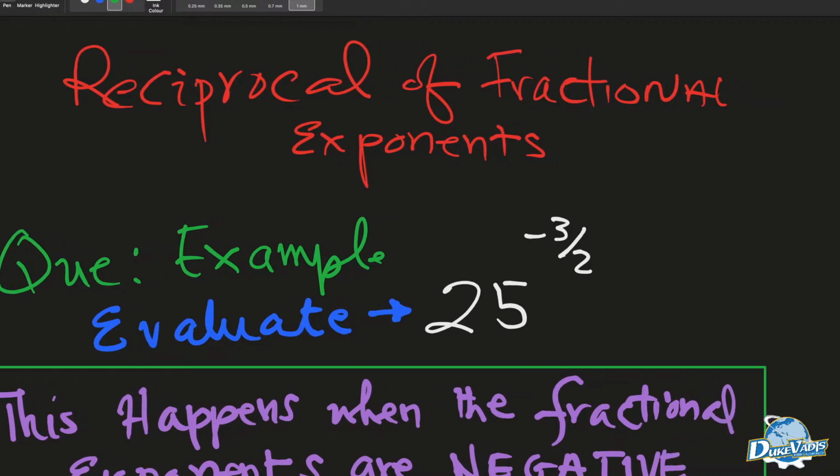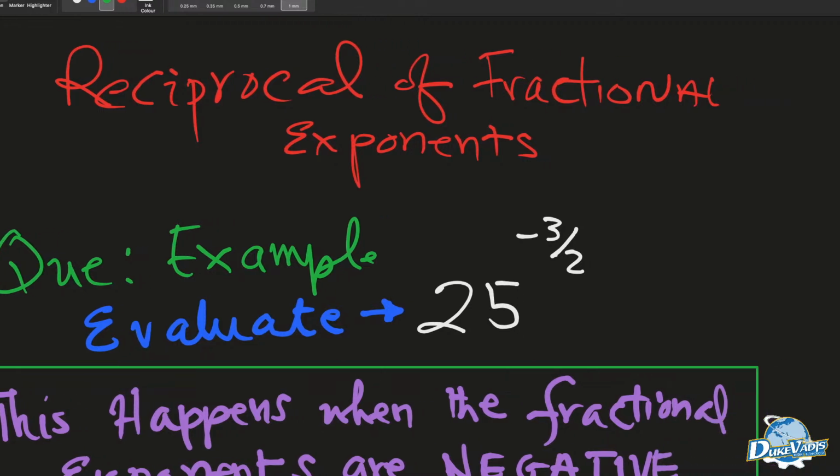So when we have 25 raised to the power negative 3 over 2, it is equal to 1 over 25 raised to the power 3 over 2. So all the time, the one will sit on top.